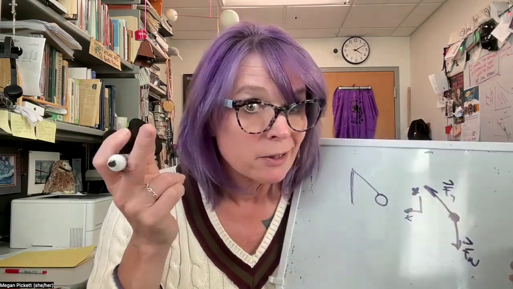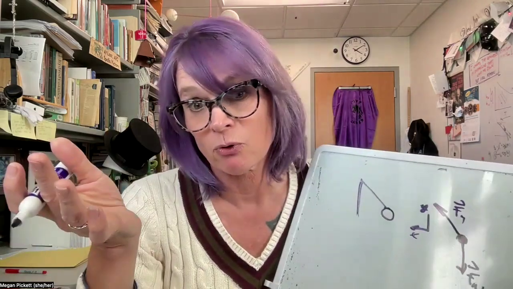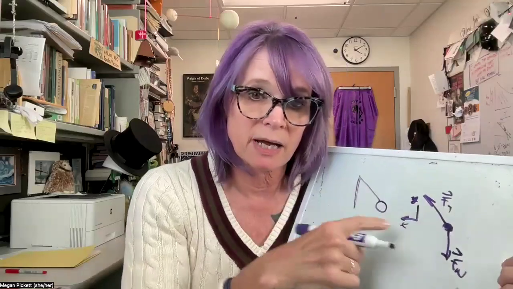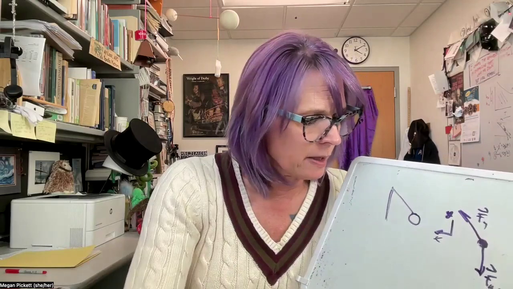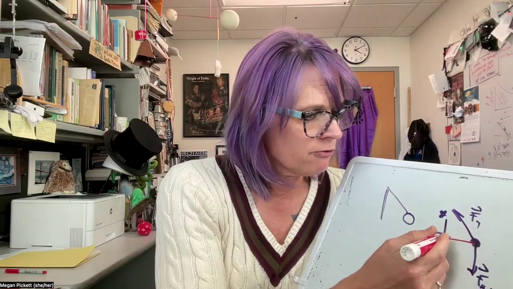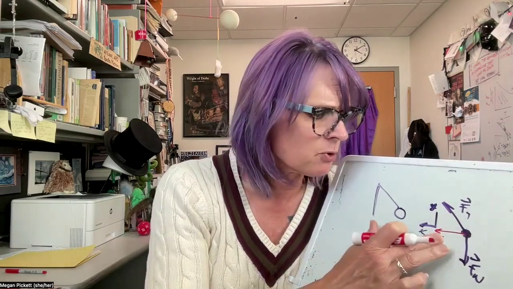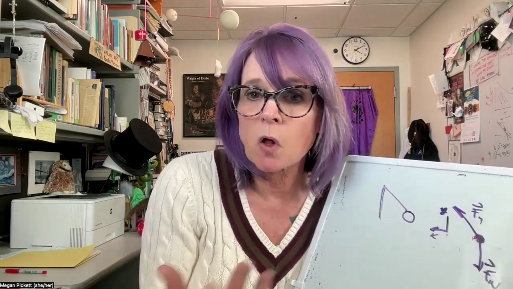Now, there's one other thing in this problem that you never, ever put into a free body diagram, and that is the centripetal force. If this is moving around in a circle, you would never add another force and call it the centripetal force. That's because the centripetal force, or the force that causes uniform circular motion, is a resultant force.